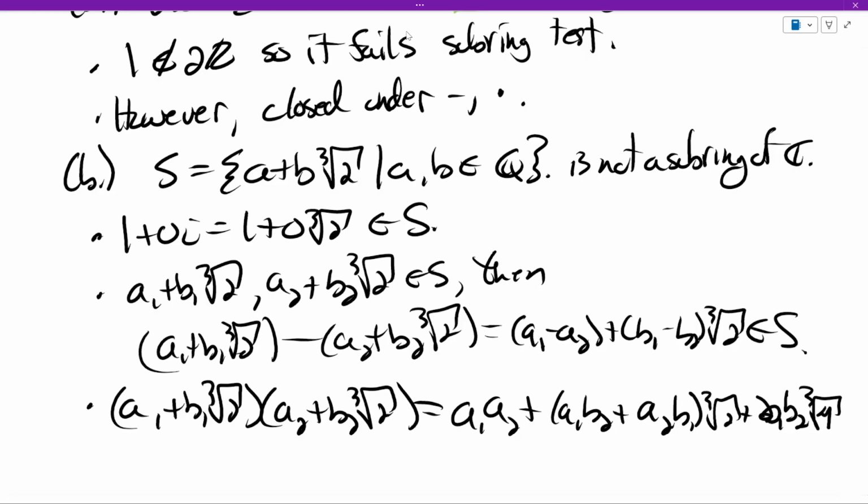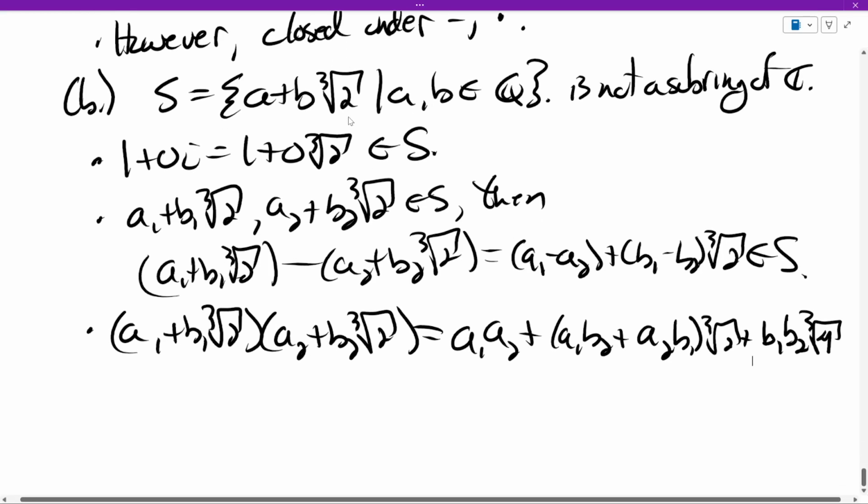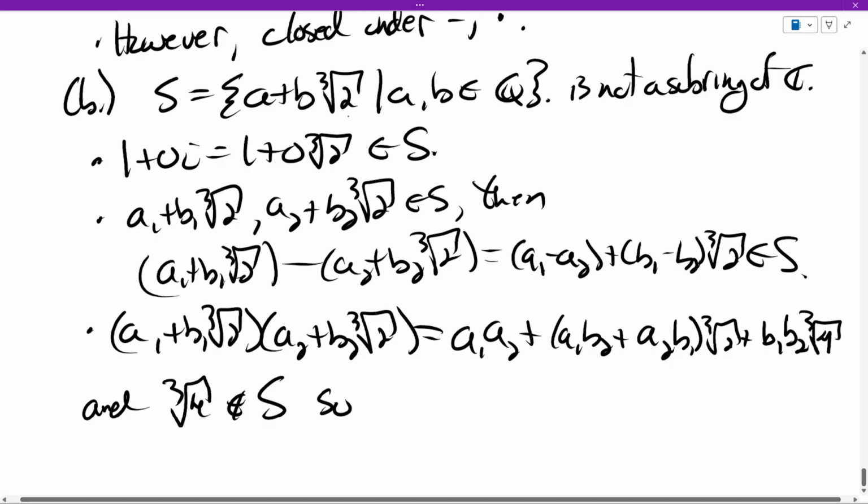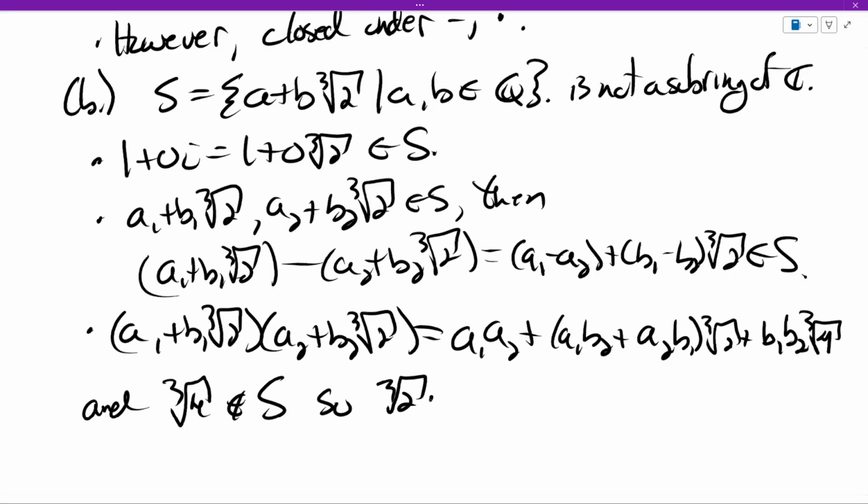And cube root 4 is not in S. So this fails in general to be closed under multiplication. In particular, cube root 2 times cube root 2 is not in S, very explicitly.